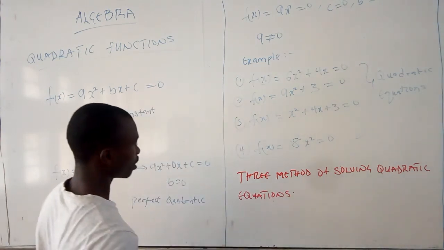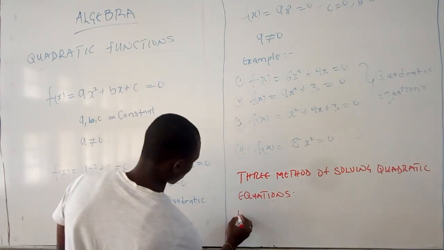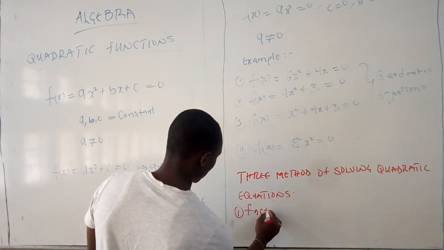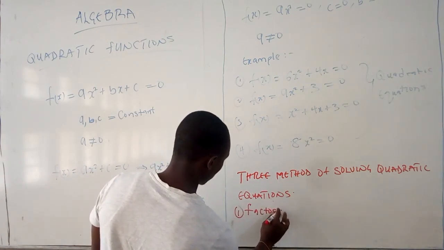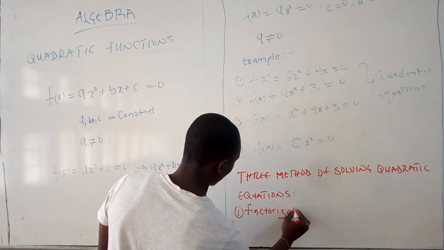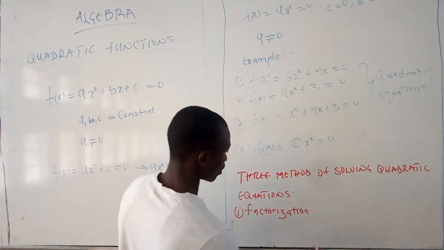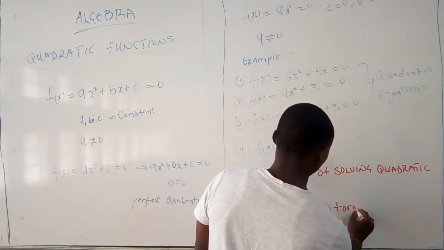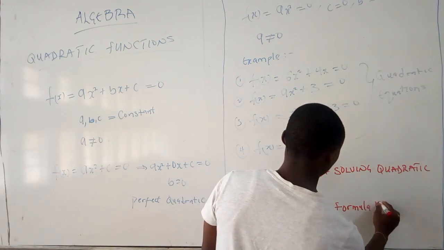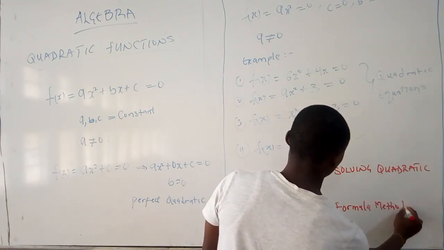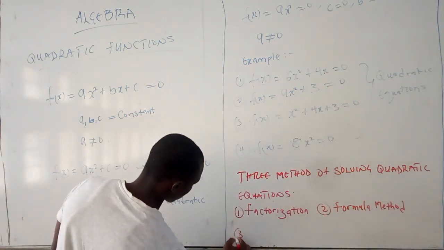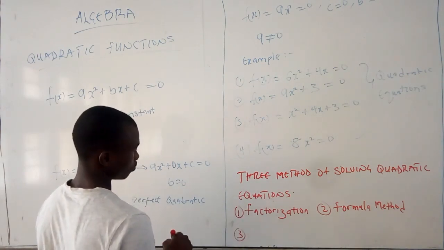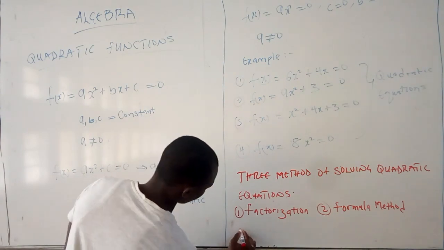There are three methods of solving quadratic equations. The first one is what we popularly know as factorization. Then the second one, the formula method. The third one is the graphical method.